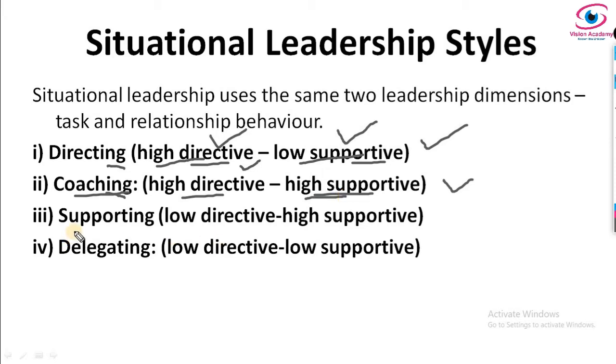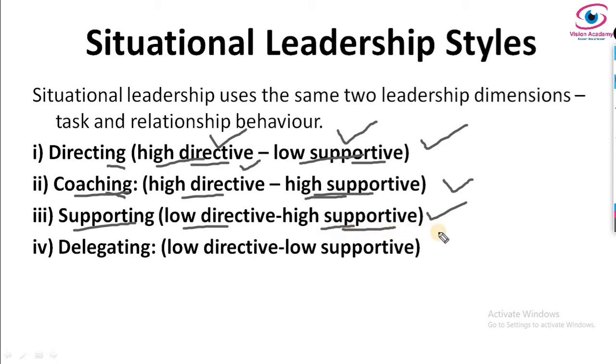In case of supportive type of leadership, they require low directive and high supportive. How things go on here is the leader and the follower share the decision making process.